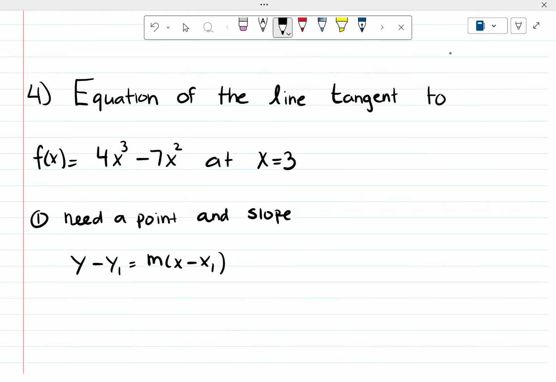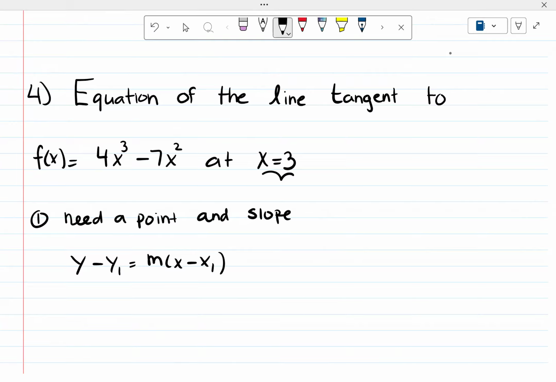Okay, so do we have a point? Not quite. We have an x value 3, right? So they don't tell us the y coordinate. Sometimes they'll be really tricky and they'll just give you an x coordinate and they won't give you a y. So that's the first thing I always check: if you actually have a coordinate. We don't.